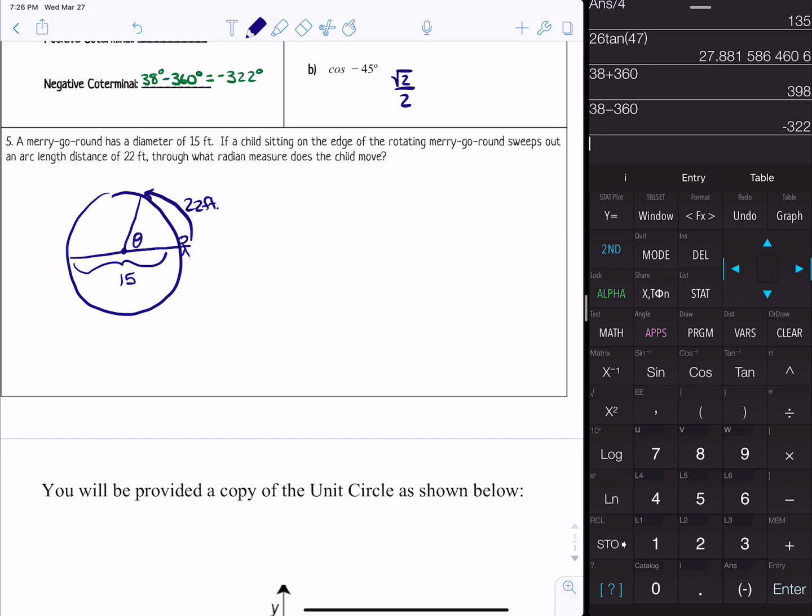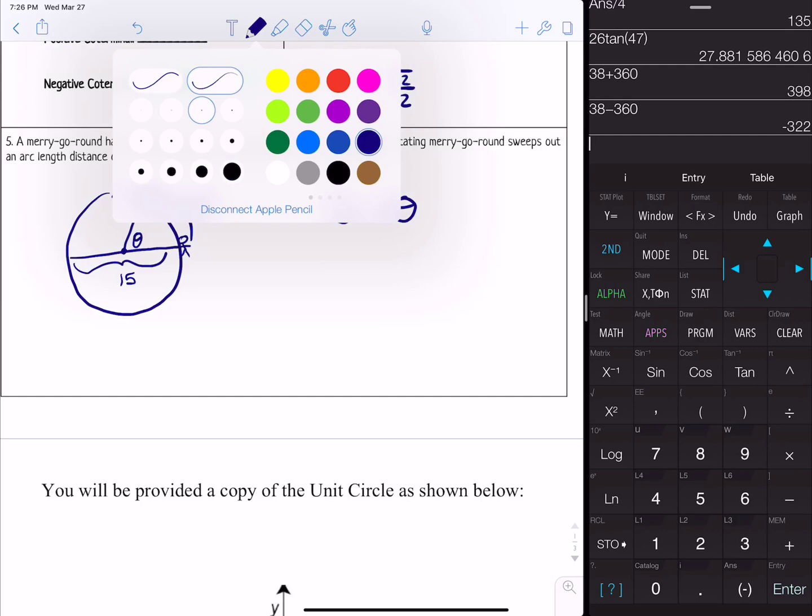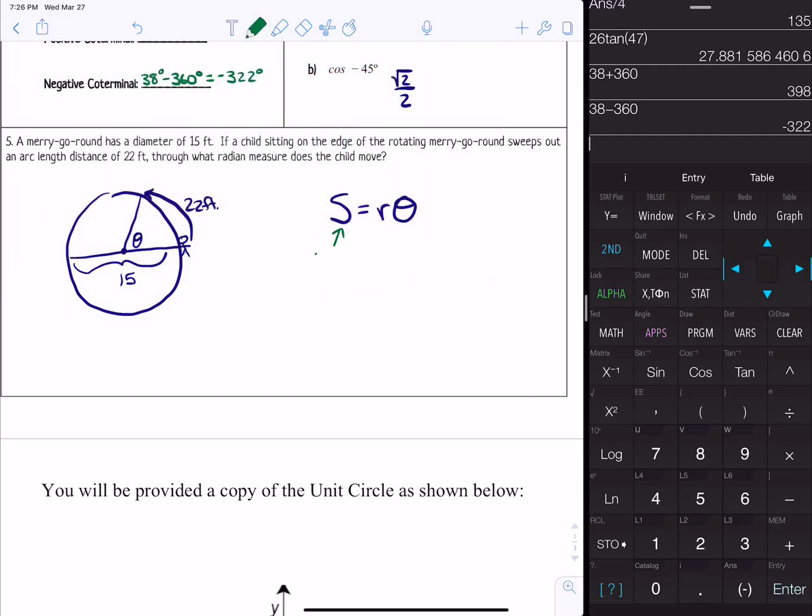What you need for this problem is the arc length formula. It's very simple: S equals R times theta. S is our arc length. R is the radius. Notice they gave us diameter, so we have to say that the radius is the diameter, 15 divided by 2, which will be 7.5.